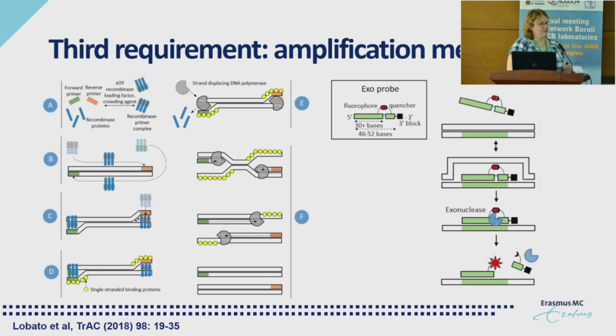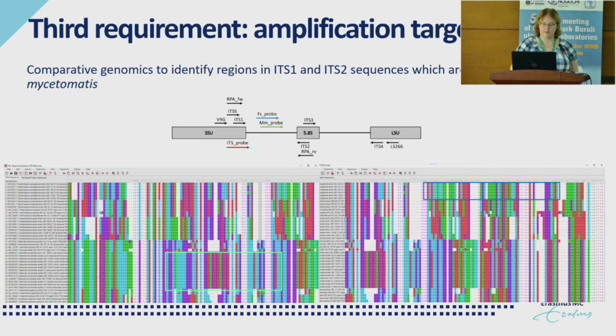And to detect multiple species in one reaction, you can use a probe, which is an exoprobe, and which can cleave over here to release the quencher from the fluorophore. And it works with the nuclease, so that's a little bit different than the classical TaqMan. So then we needed to look for the amplification target. And again, I focus on the fungus.